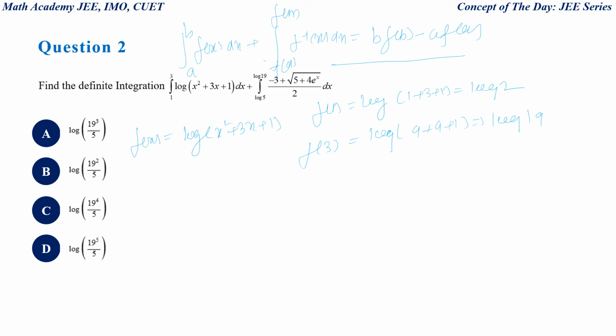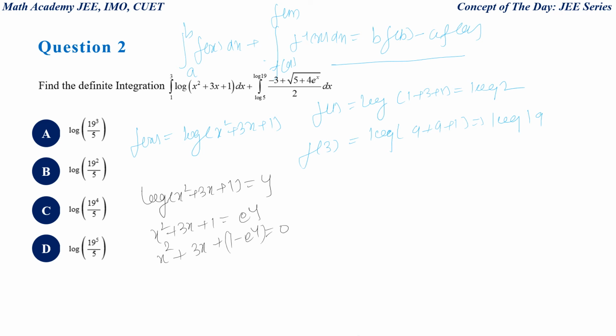We can find the inverse of this function by assuming log of x square plus 3x plus 1 is equal to y. Let's take antilog on both sides. X square plus 3x plus 1 is equal to e to the power y. Okay, let's write this quadratic in the form x square plus 3x plus 1 minus e to the power y is equal to 0.